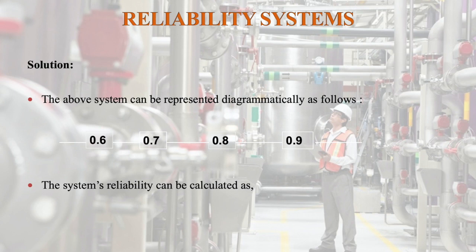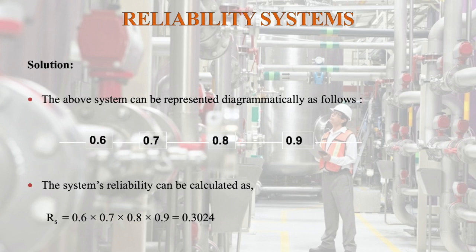The system's reliability, this is the overall or total system reliability, can be calculated as follows. So Rs is equal to R1 into R2 into R3 into R4. Substituting the values, Rs is equal to 0.6 into 0.7 into 0.8 into 0.9, that is equal to 0.3024. So this is the first one we have found.